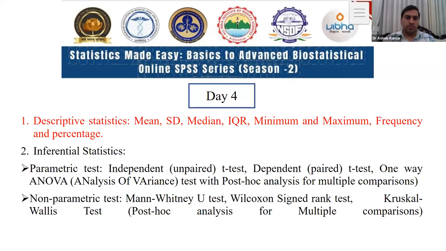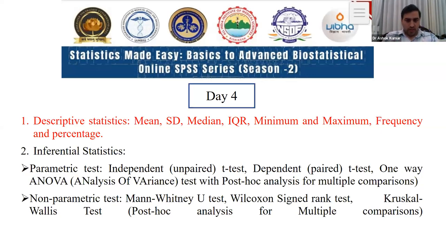Minimum and maximum is for both of these. For mean and SD, we should calculate minimum and maximum, and for median and interquartile range we should calculate minimum and maximum also. Frequency and percentage for qualitative or categorical data.